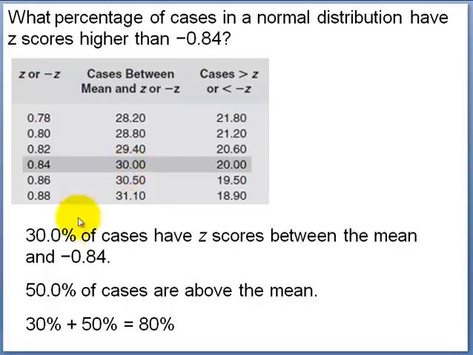Now then, you know by definition that 50% of cases are above the mean. Another way to say this is 50% of z-scores are above the mean. So to solve this problem, we're going to take 30% and add to it 50%, and we'll conclude that 80% of cases in the normal distribution have z-scores greater than minus 0.84.